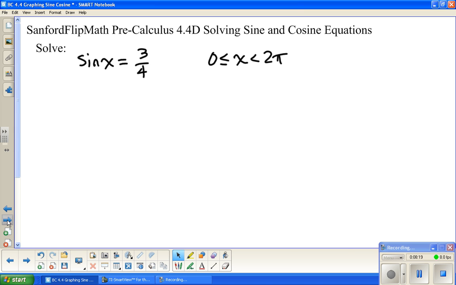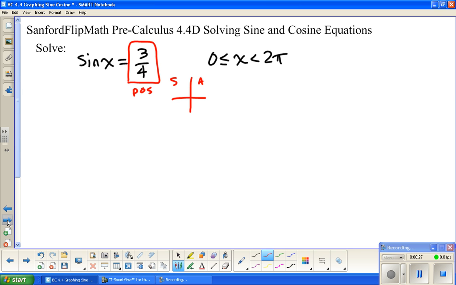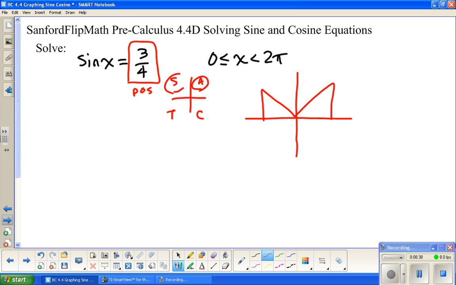So the thought process is the same. 3/4 is positive. Again, sine is positive, so we're going to be in one of those two quadrants. And again, I'm going to do inverse sine of both sides of 3/4.